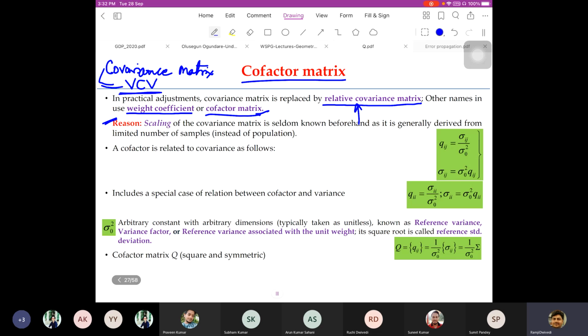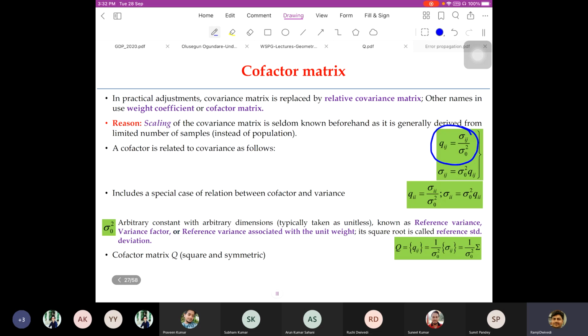The reason for scaling is that the covariance matrix is seldom known beforehand, as it is generally derived from a limited number of samples instead of the population. That's why we need a certain scaling factor. Now focus on this equation.